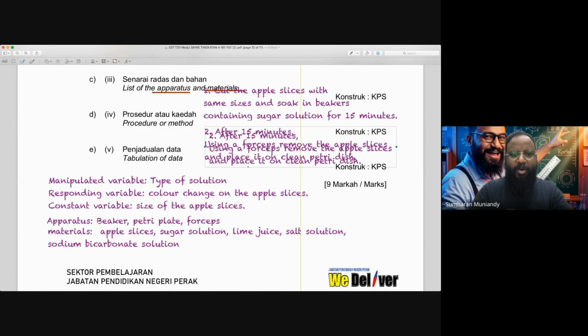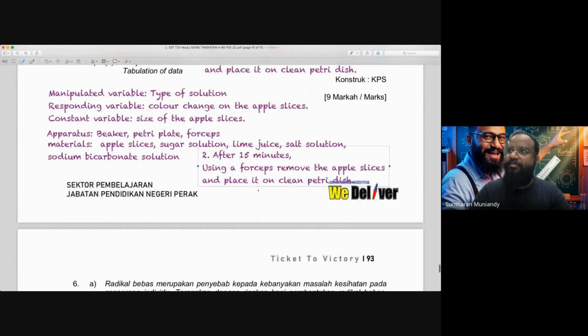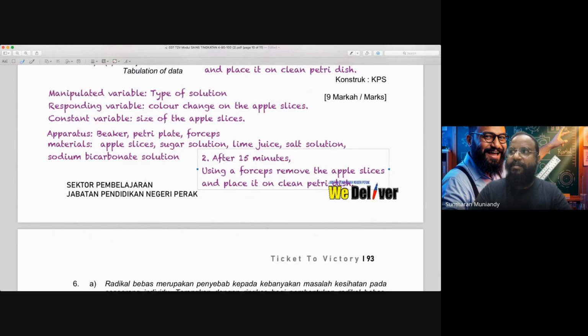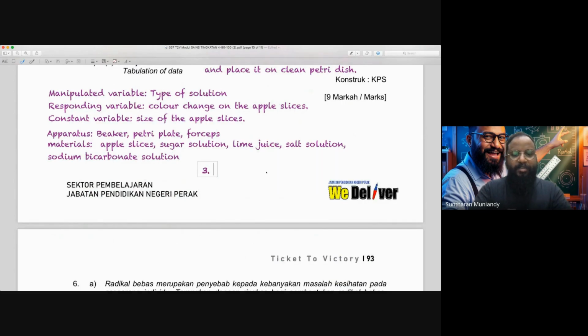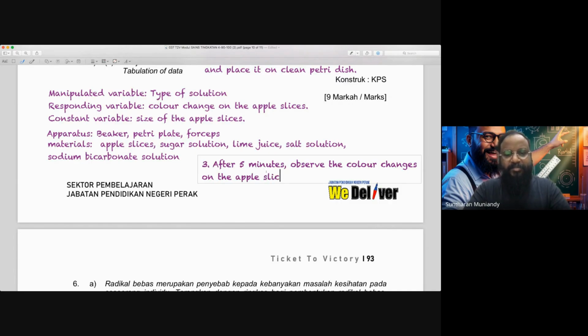Okay, another one more. I write down here, after 5 minutes, observe the color change on the apple slices and record them.